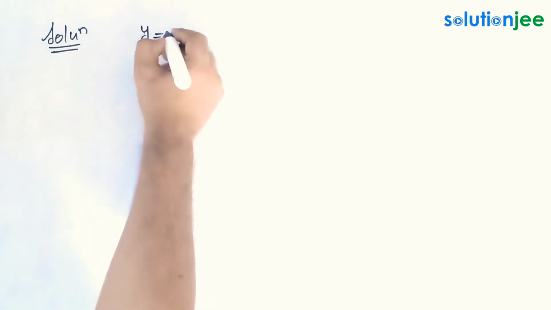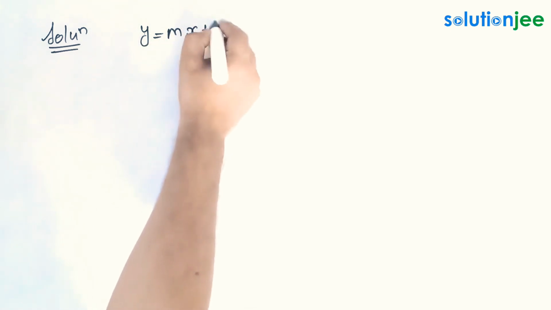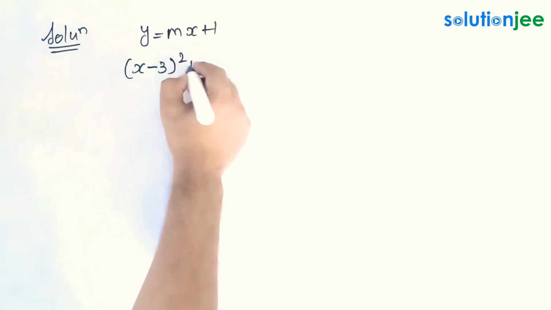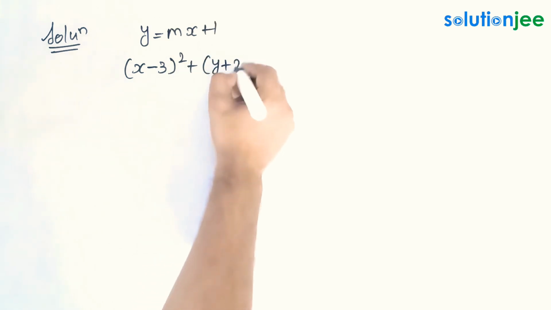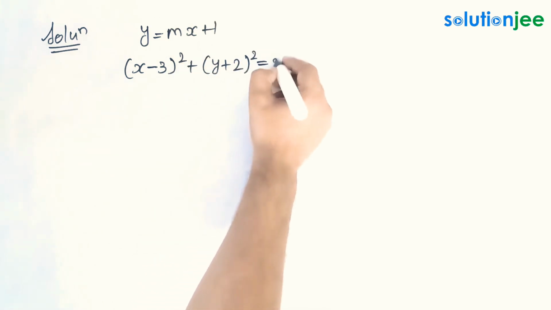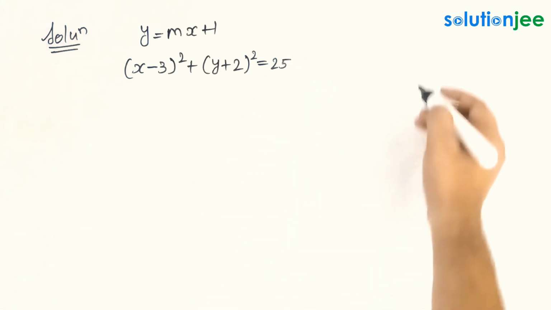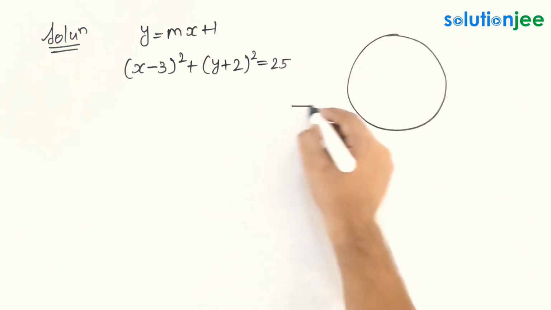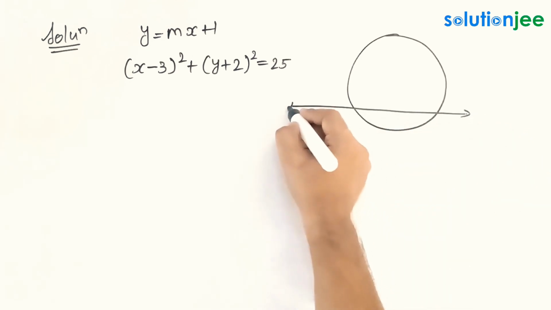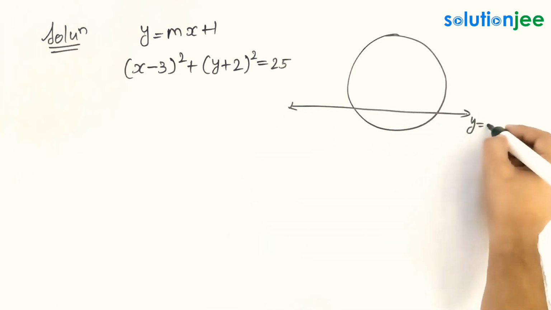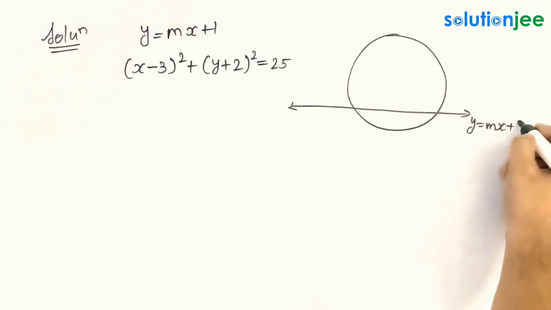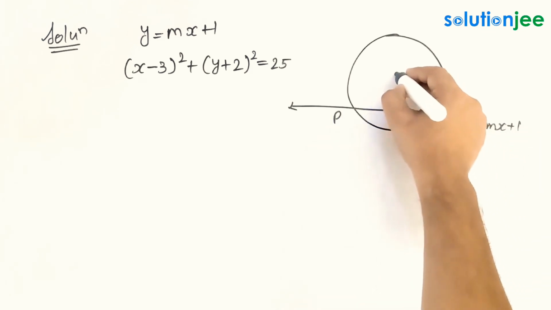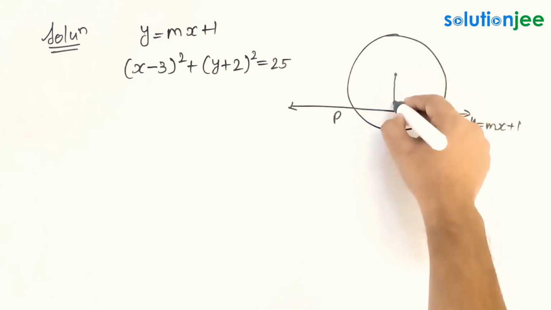So here we have line y equal to mx plus 1 and the circle is (x minus 3) whole square plus (y plus 2) whole square equal to 25. Here we can see the given circle and the given line y equal to mx plus 1. This line intersects the circle at two distinct points P and Q. This is the center of the circle.